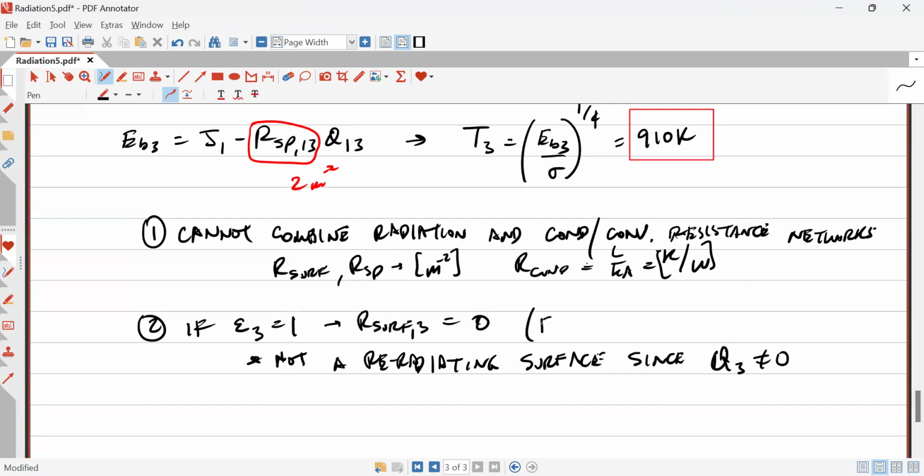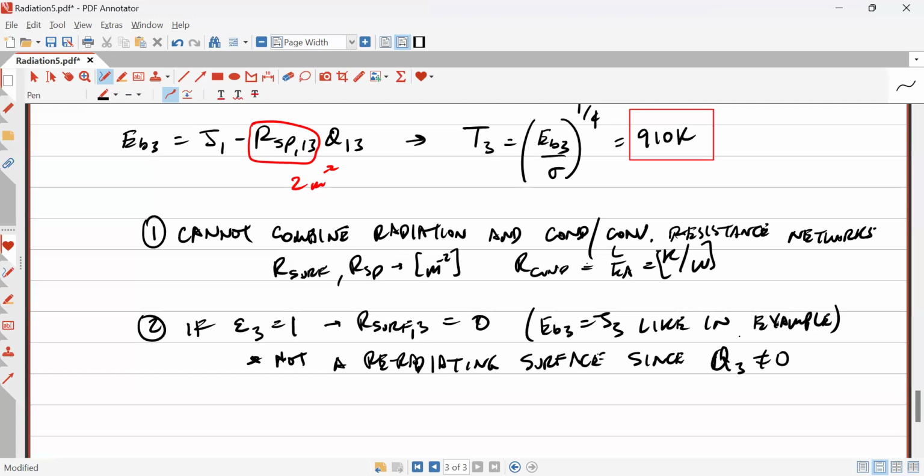Again, if R surface 3 is 0, we have EB3 equals J3 like a re-radiating surface, like in the example. But it will affect your results if you treat it like a re-radiating surface when it's actually not. Sorry for the little mix-up with the numbers, but hopefully this is clear.